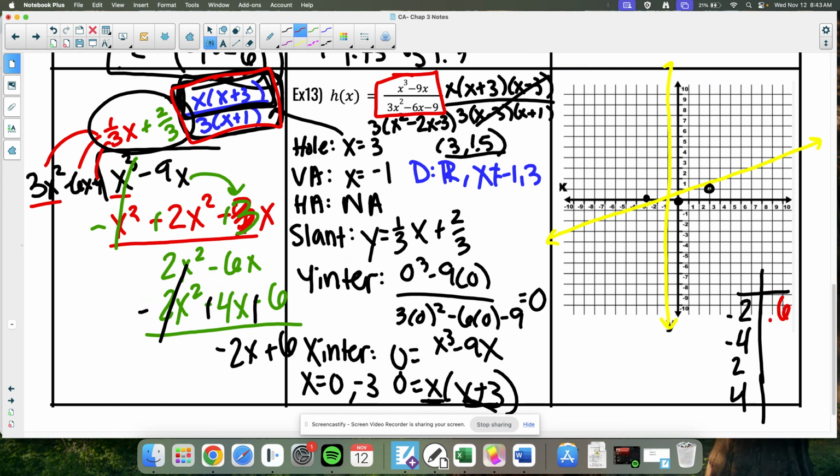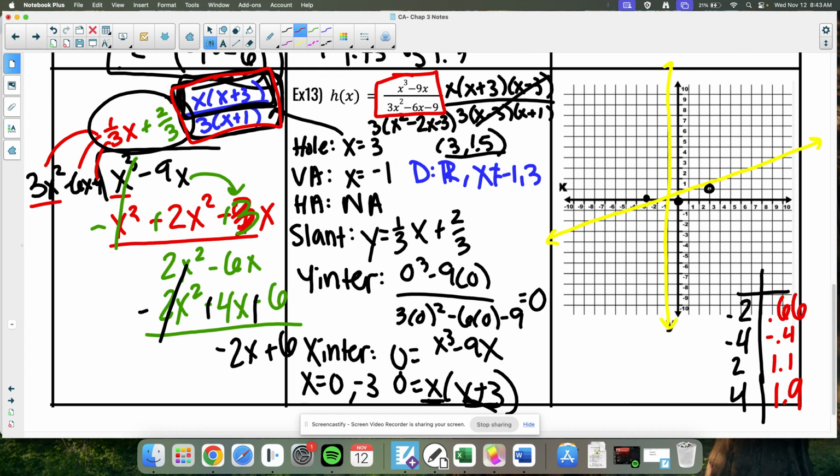Positive 0.66? Very exciting, right? Very exciting. For 4, I got 1.9. For -4, I got -0.4. Negative 0.04. Point four. Okay.